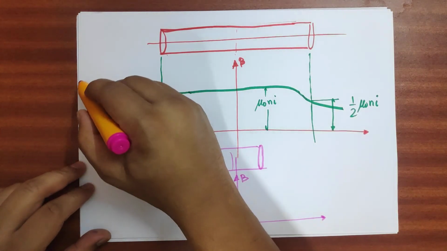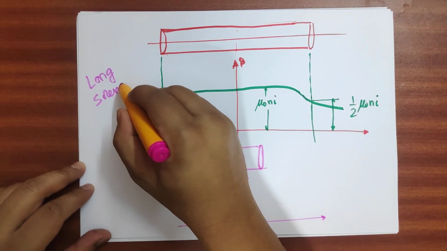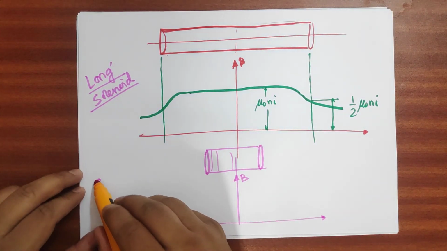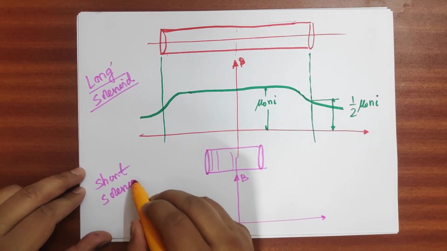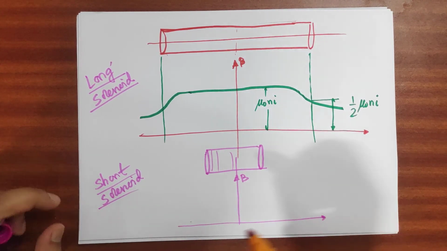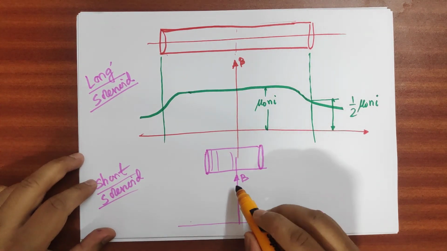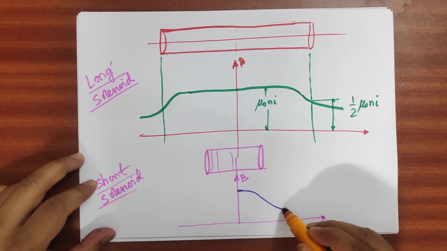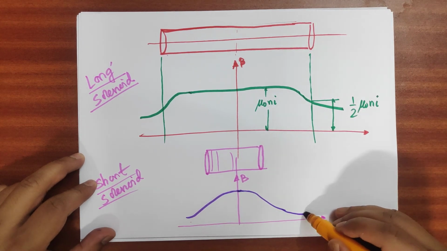So that's for a long solenoid. Now I am drawing this for a short solenoid. Somewhat at the middle it is highest and then a gradual decay.